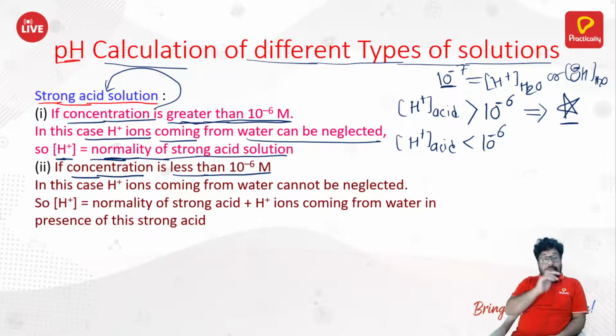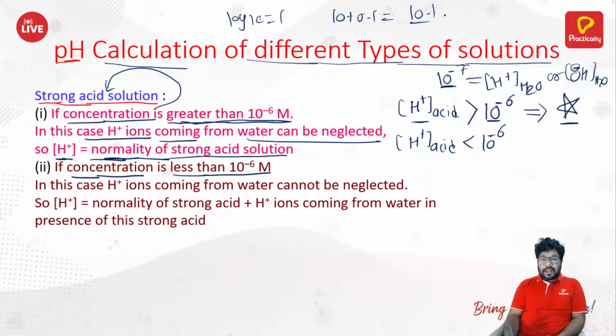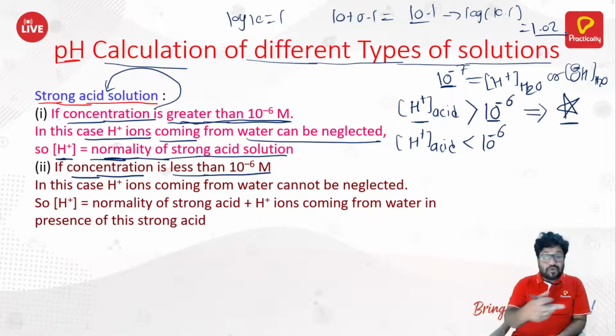Let's understand the reason behind that also. Whenever the H plus concentration is greater than 10 raised to minus 6, it is already of the order of 10. So even if you add 0.1 to 10, you get 10.1 only, right? The log of 10 is 1 only. Similarly, the log of 10.1 would not be very different. It will be something like 1.02 or 1.03, around that range.